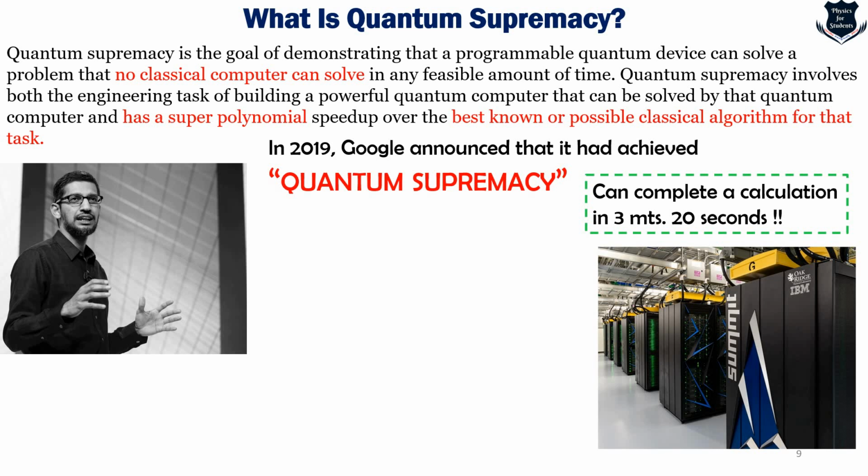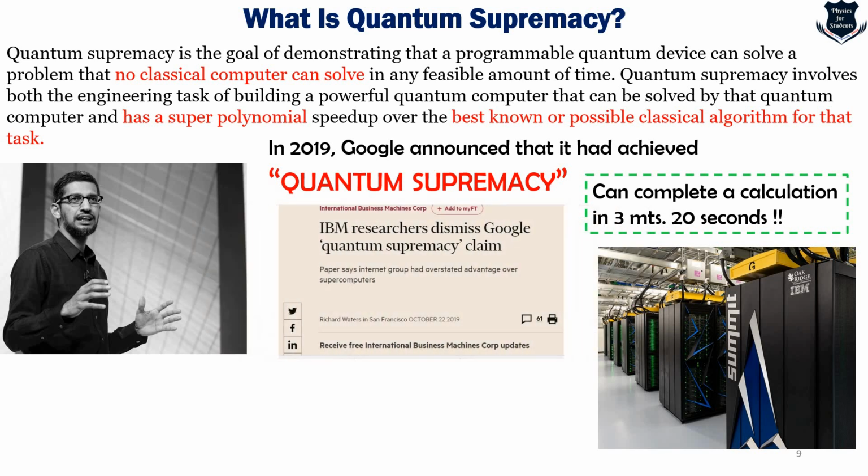During that time, IBM had a supercomputer called Summit, and they claimed that it would take around 10,000 years to solve that problem. So here is a news cutting which tells that IBM researchers completely dismissed that idea. They said, no, this is absolutely rubbish.